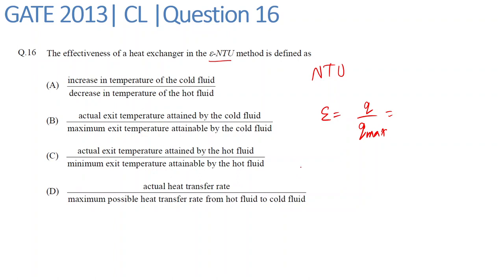So the first option is increase in the temperature of cold fluid upon decrease in the temperature of hot fluid. This won't be correct. Similarly, actual exit temperature attained by the cold fluid upon maximum temperature attainable by the cold fluid is also incorrect.